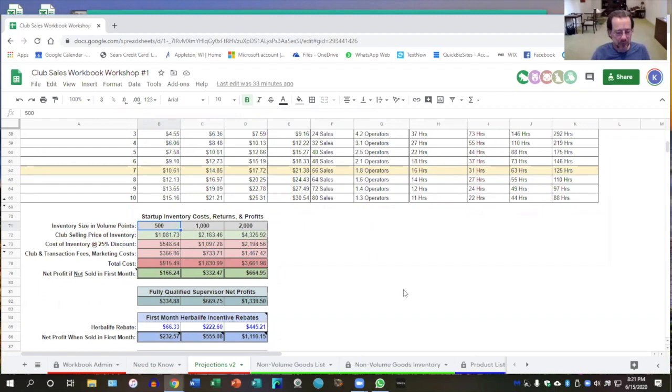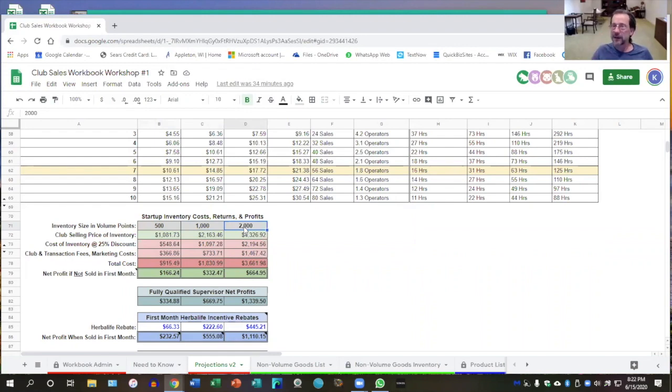Now, I'll be putting out in this workbook in the next release an automatic calculation that will look at your club, and it will look at what's sold in your club of each item and what percent of total sales that is, to automatically recommend exactly what flavors and products to get for a 500 volume point inventory, or a 1,000 or 2,000, because of what your club is selling.